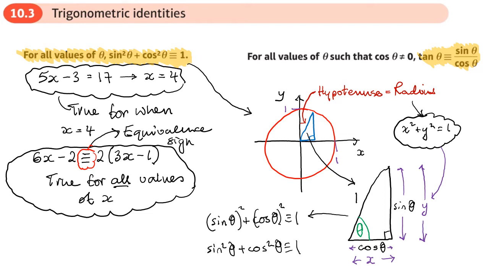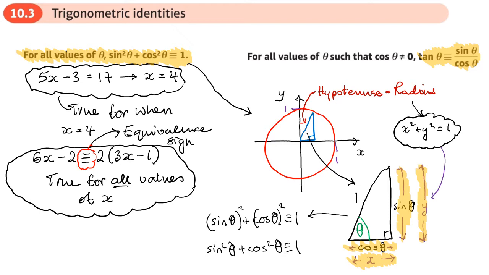And then using the same triangle, this is the adjacent to the angle, this is the opposite to the angle. So you could say that the tan of that angle is the opposite over the adjacent, y over x, or we could say the tan of that angle, instead of y over x, is sine theta over cos theta.